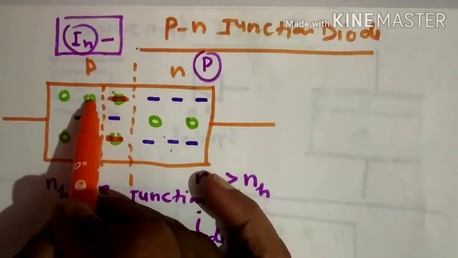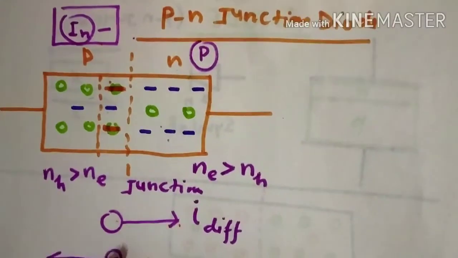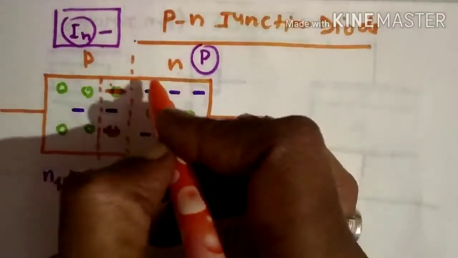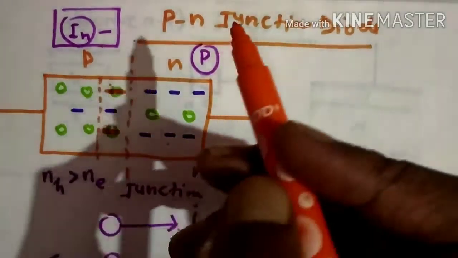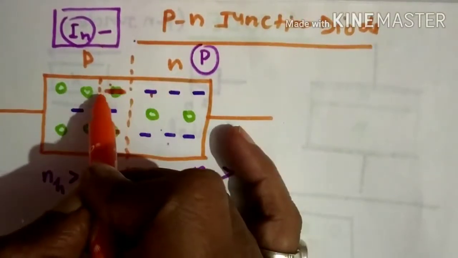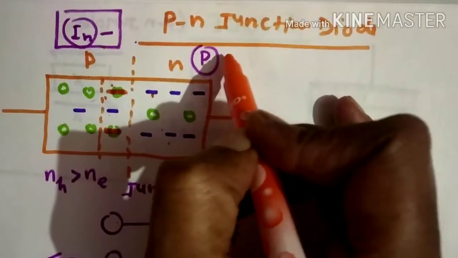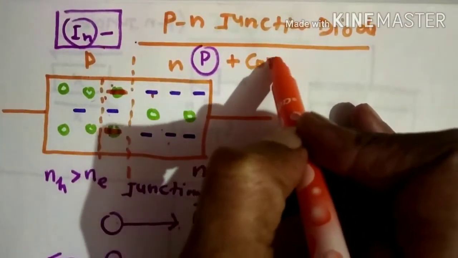Similarly, when these holes are diffusing to the N region on this side, or you can say when these electrons have moved to the P region, this phosphorus has been converted into the positive core.